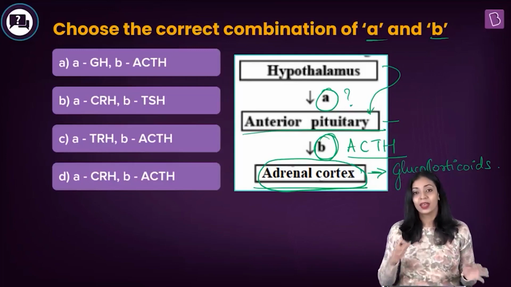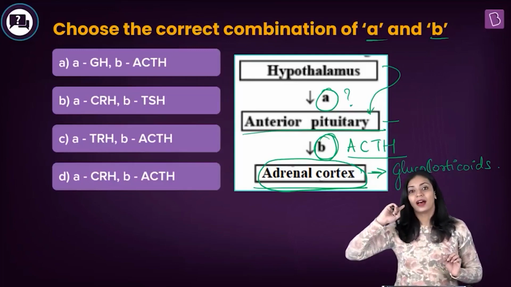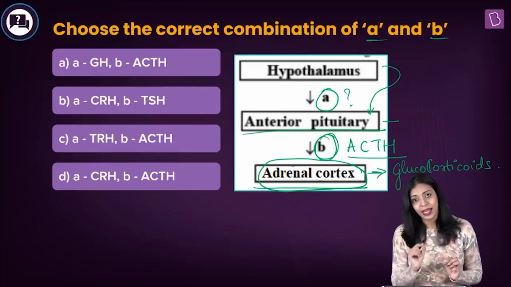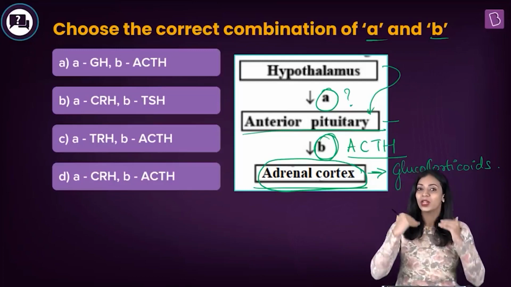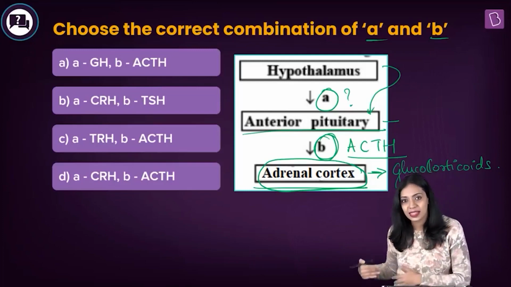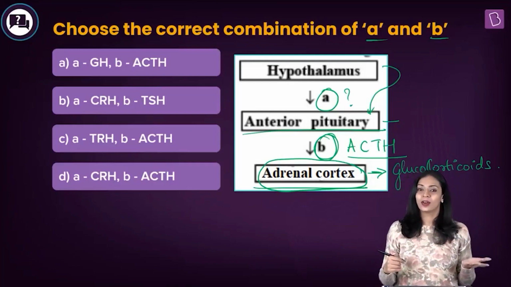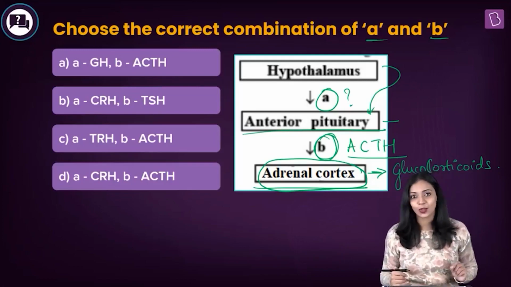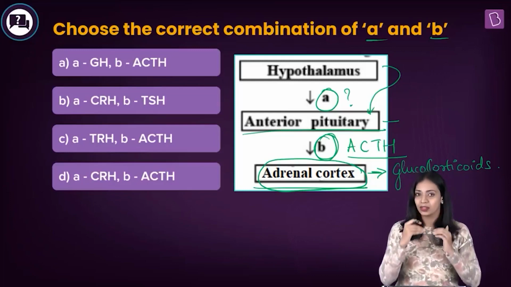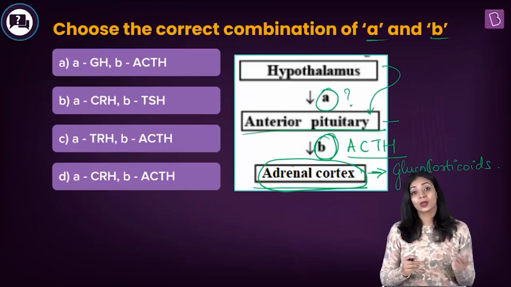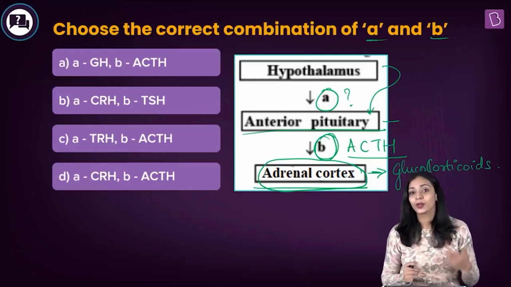So the target is the same, but the difference is that the releasing hormones will stimulate the anterior pituitary to produce and secrete its hormones, whereas the inhibiting hormones, as the name suggests, will do the exact opposite. They will inhibit the anterior pituitary from producing and secreting its hormones.